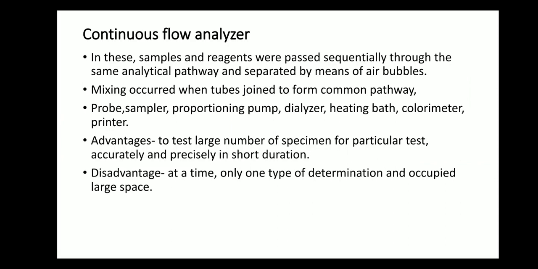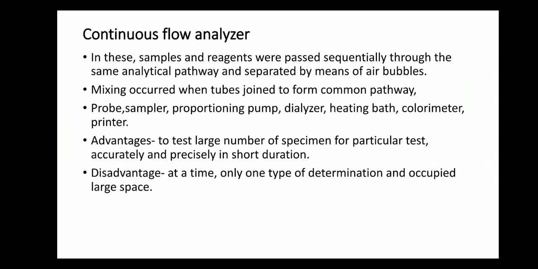First type is continuous flow analyzer. So here continuous flow, so the samples and reagents are flown continuously and sequentially in the same analytical pathway, and it is separated by means of air bubbles. Okay, and this is mixed in a common path tubes, which comes in a common pathway.